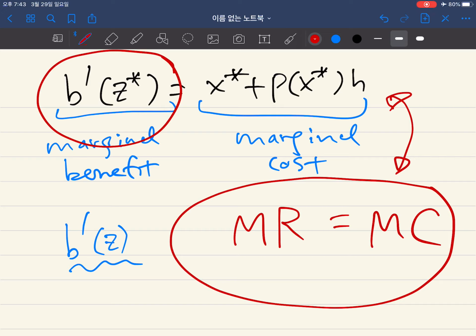It's bad because it's going to increase social cost, by this much. So if you want to find the optimal level of Z, this left hand side marginal benefit must be equal to the right hand side marginal cost.